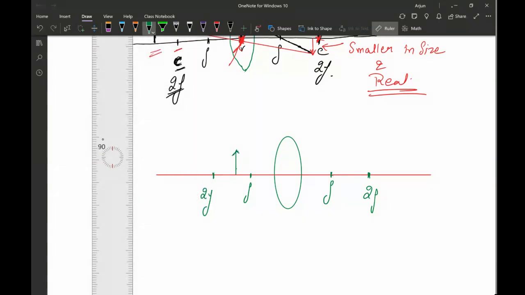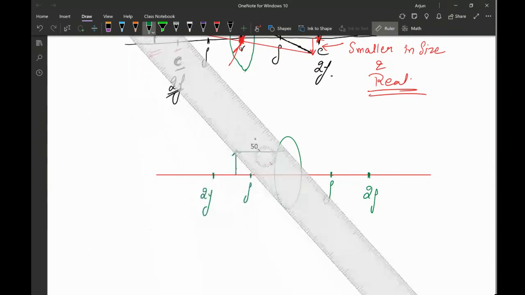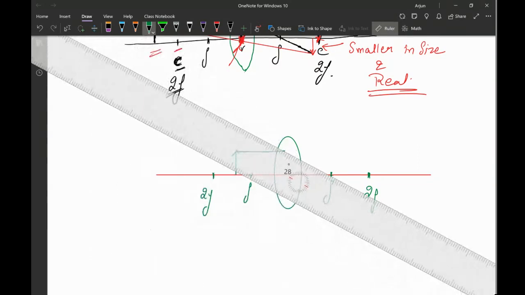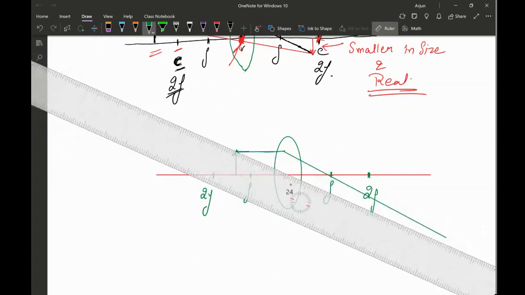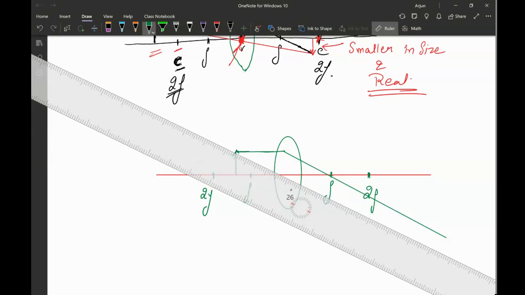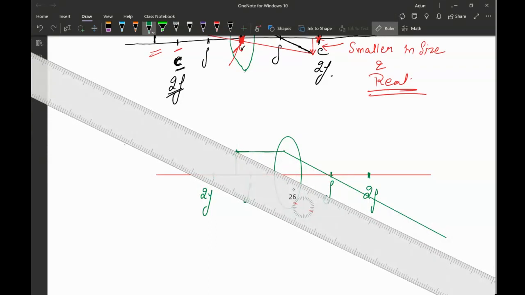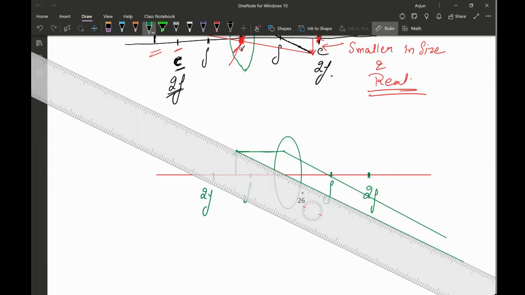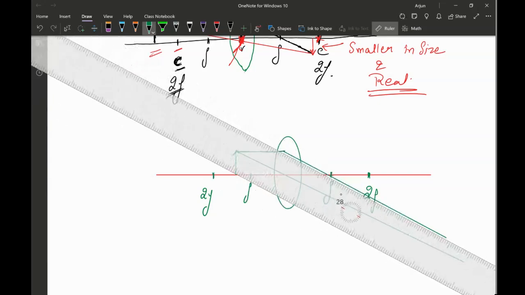First ray, again parallel to the axis, will pass through the focal point. Second ray will pass through the vertex of the lens. And where these two rays will meet, I'll draw the image at that point.